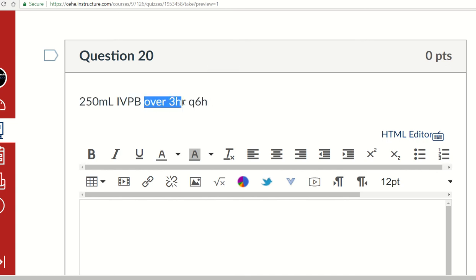So the over time, that's the infusion rate. The Q6H time, that is the frequency. So we're going to push in 250 mLs over 3 hours, but every 6 hours we'll start a new bag. Right? Infuse 250 mLs intravenous piggyback over 3 hours every 6 hours.